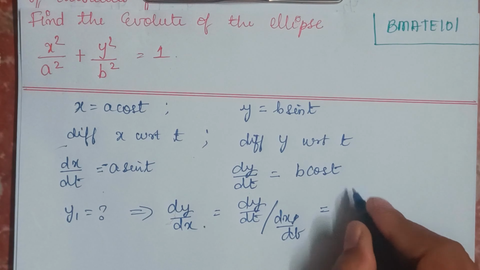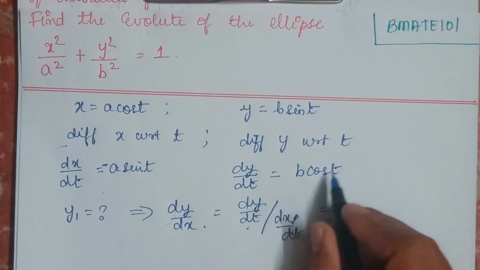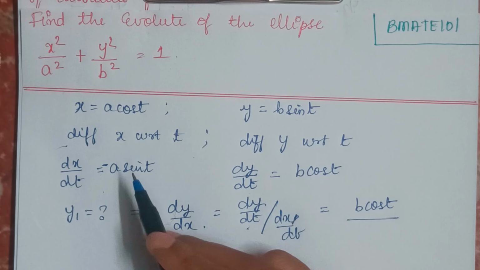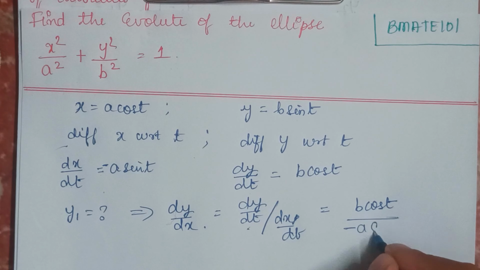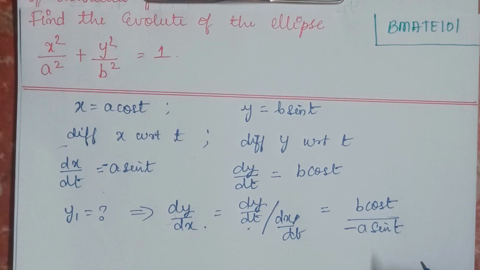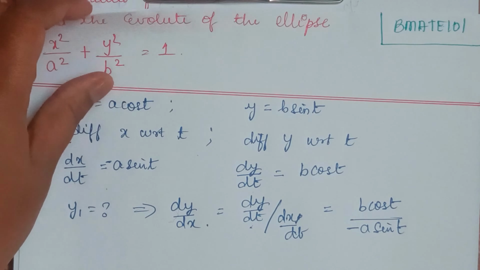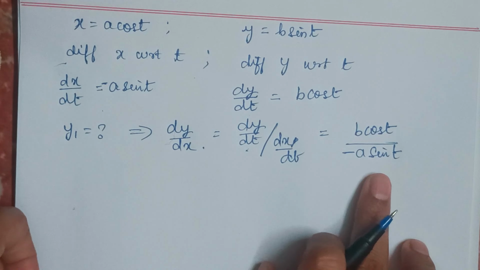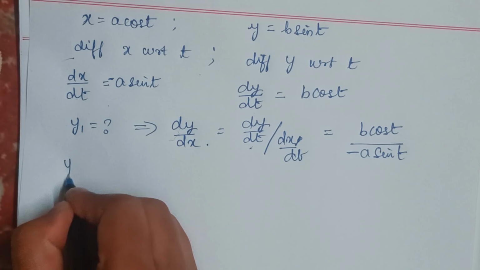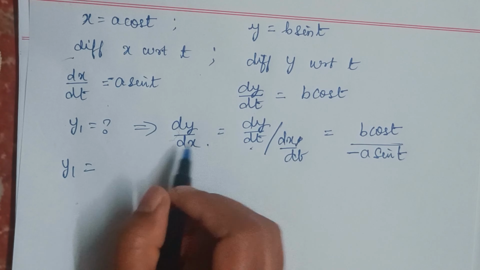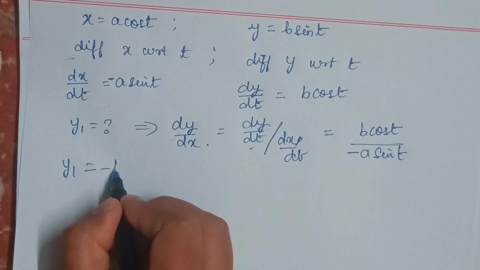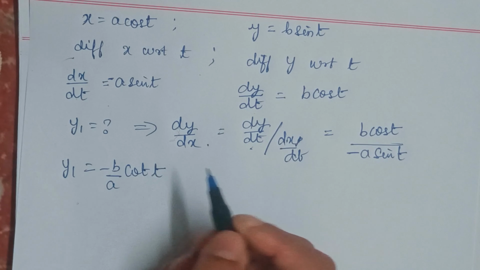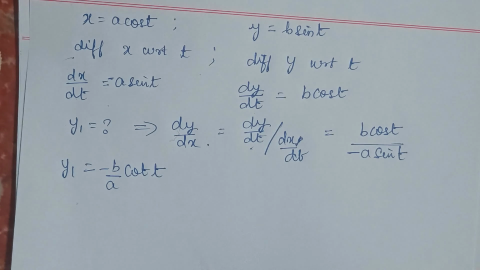So here I have dy by dt is what? B cos t divided by dx by dt is minus a sine t. Okay, this much it is clear. Now cos by sine is what? Cos by sine is cot. So minus b by a cot t. So we found y1.